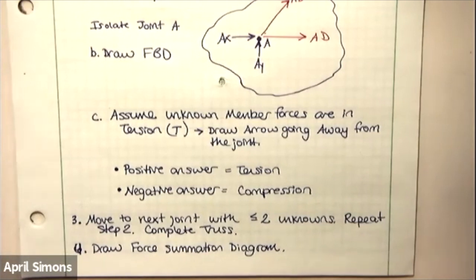So once we've solved all those forces, we can summarize them in what we call a force summation diagram. So we'll do an example of that here in just a minute. Any questions about the general process here for solving trusses?